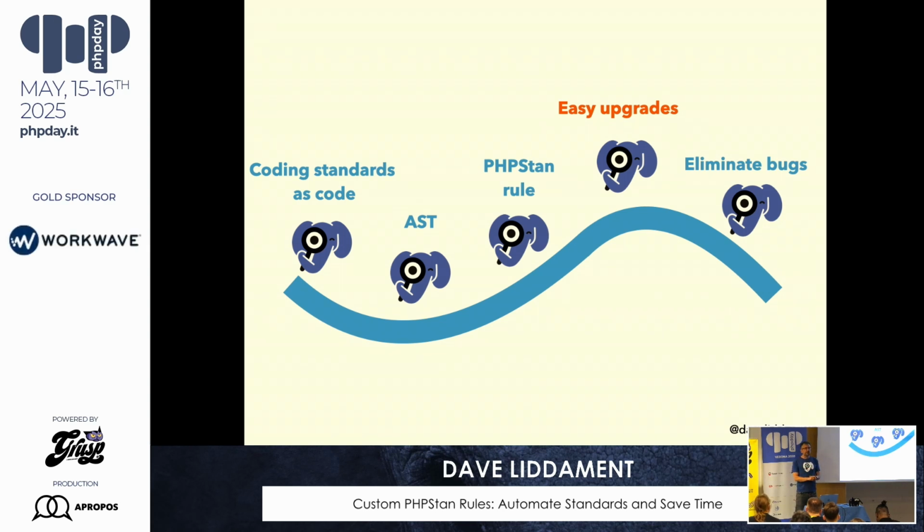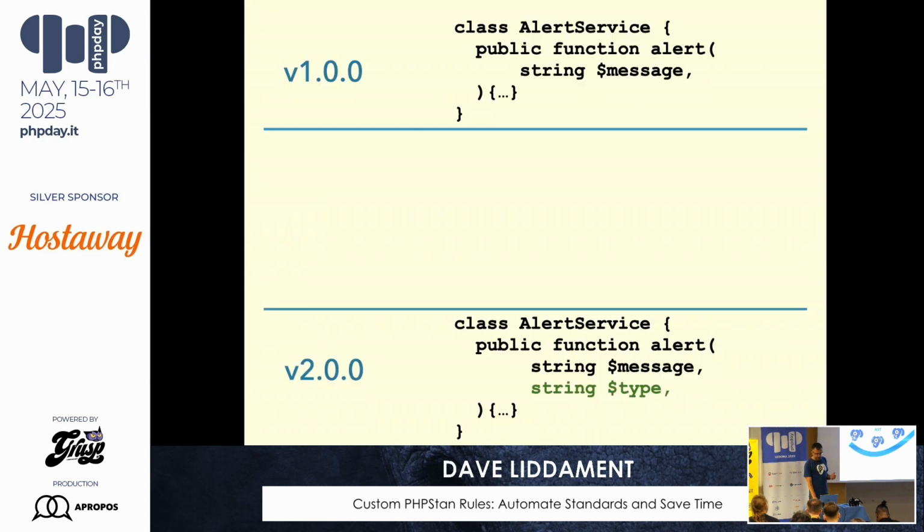There is another example of things we could do. We could create PHPStan rules to help with upgrades. So imagine I'm now putting on my library creator hat, and let's say I've written a library. And I know I'm going to go from version 1 to version 2, and as part of that update, I'm going to change the alert service to also take a type.